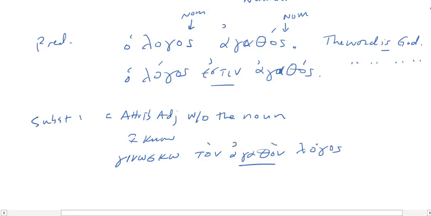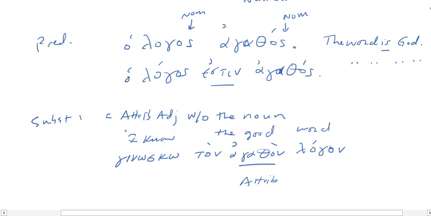It's attributive, right? And that should be logon, not logos. So, what case is all this? Ton agathon logon? Accusative. It's accusative, good, because it's the direct object of I know, right? All right, so this is truly an attributive adjective here, right?